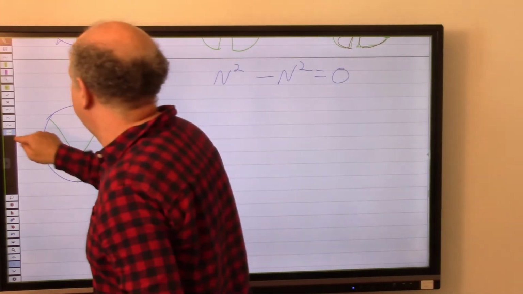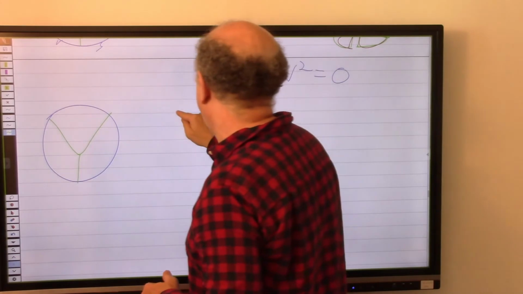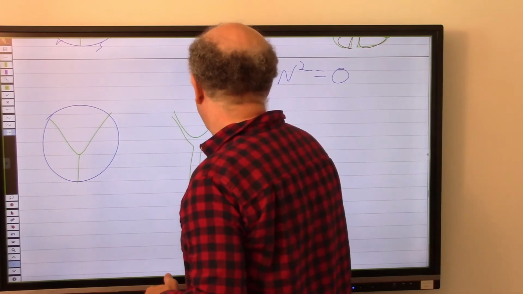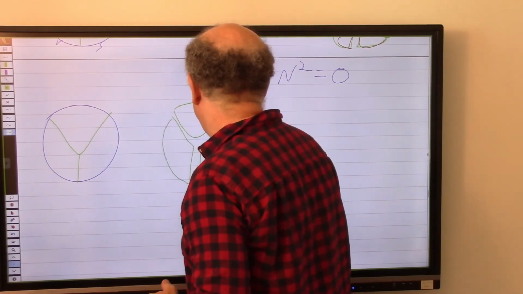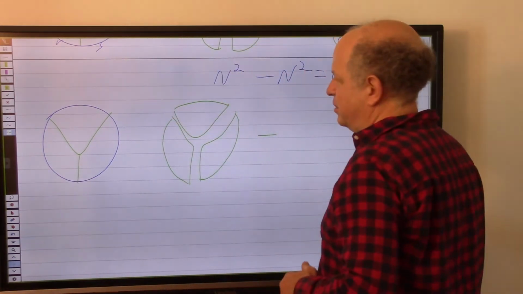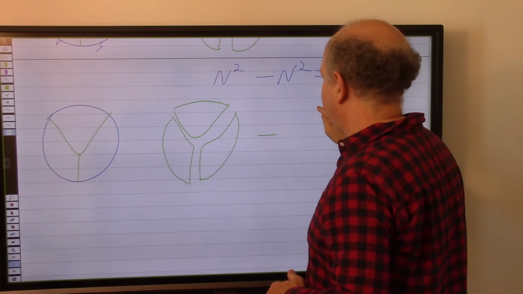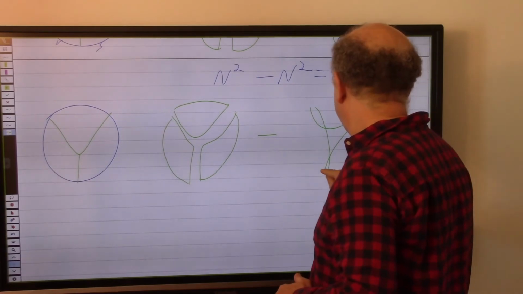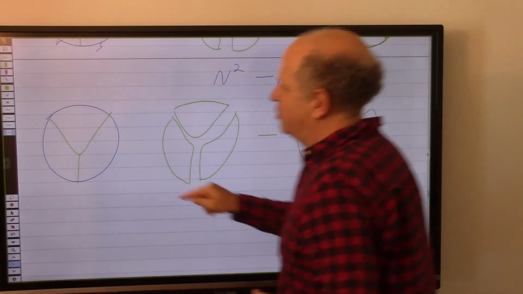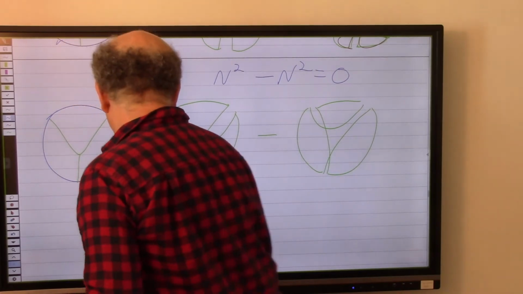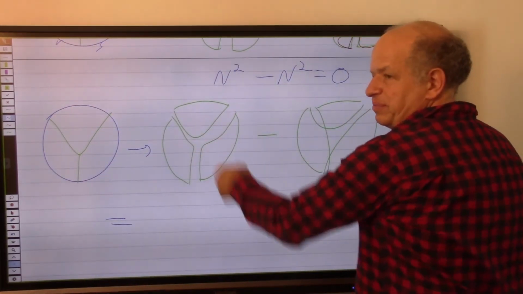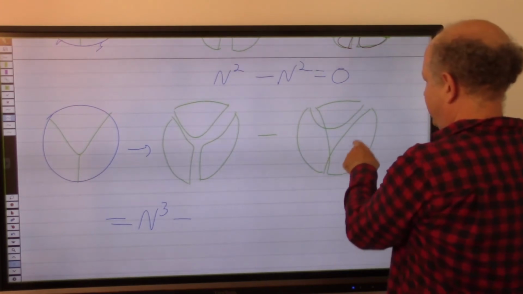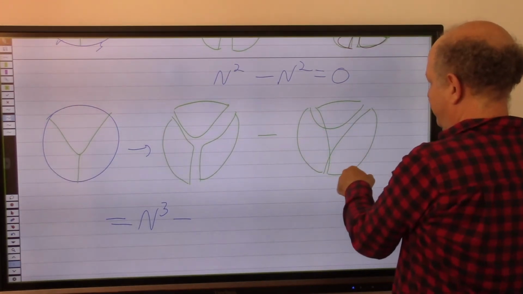So this diagram will contribute this minus that, but this is n cubed, and this is just one cycle.